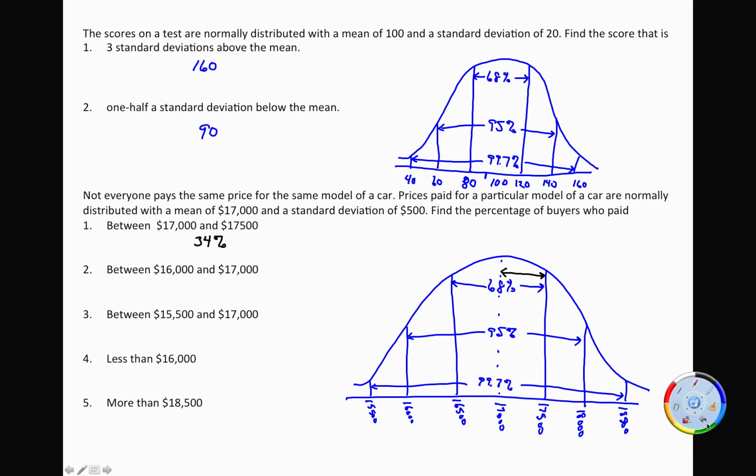If I want to know between 16,000 and 17,000, okay, here is 16,000 to 17,000. Well, that's half of my 95%. So 95 divided by 2 is 47.5%.